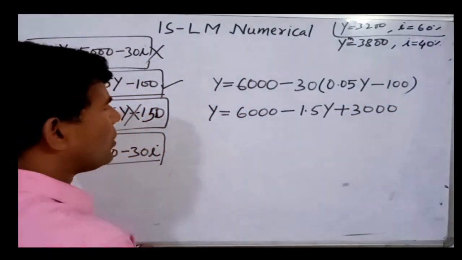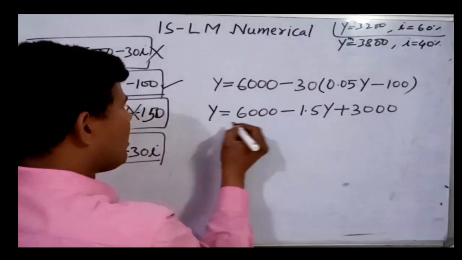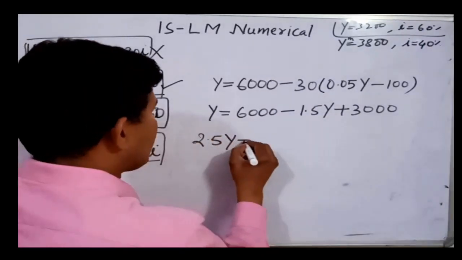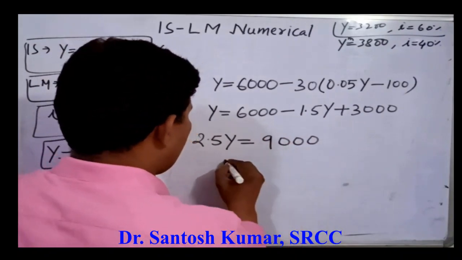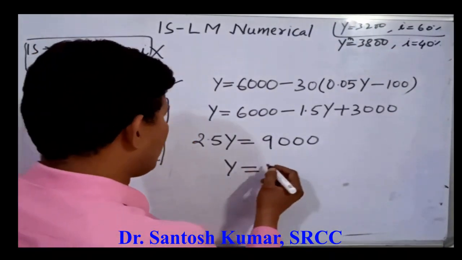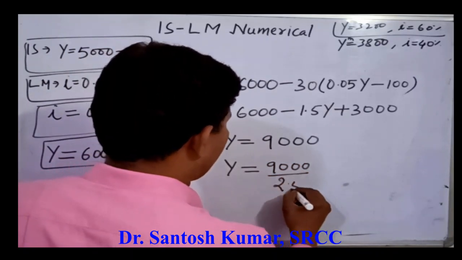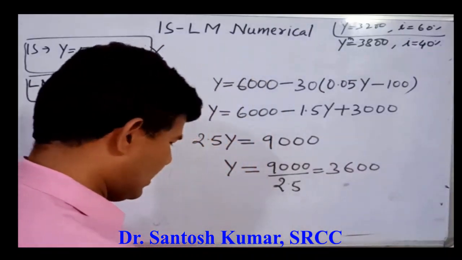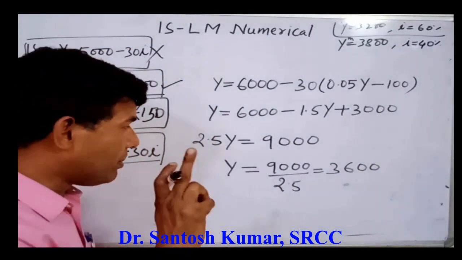So if I take 1.5y to the left hand side, it gets added, so we get y plus 1.5y, which is 2.5y is equal to 9000, and therefore y is equal to, if I divide 9,000 by 2.5, how much do I get? I get 3,600. So we are able to derive the new equilibrium income.